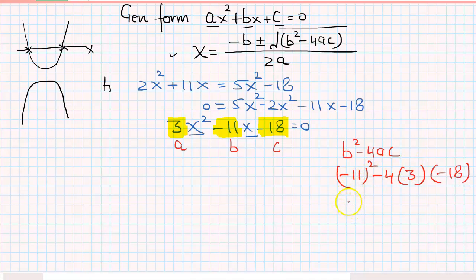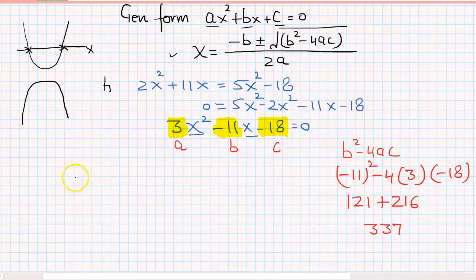So 11 square is 121. This minus and minus plus. Now 4 times 3 is 12. Multiply 18. So that is 216. And if I add it, it is 337. I don't think it is a square number. Anyway, we are going to use it here.